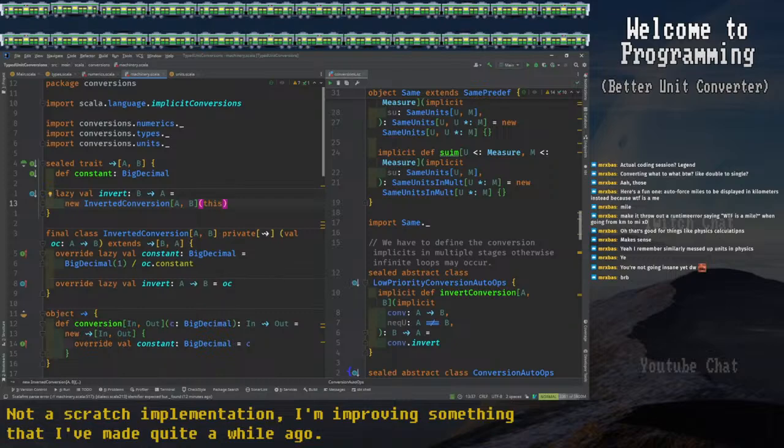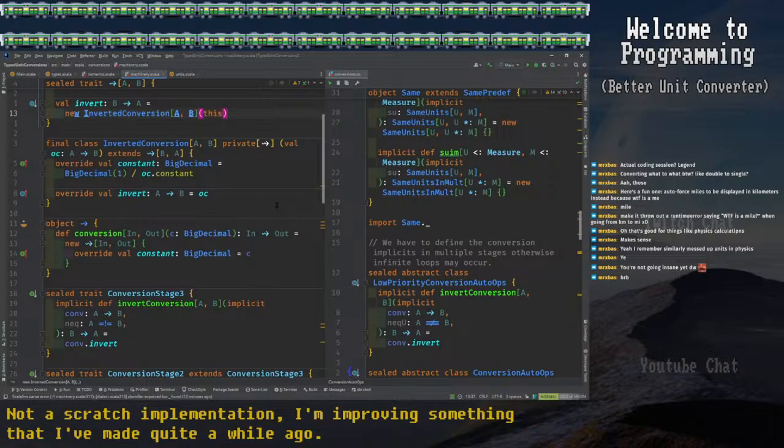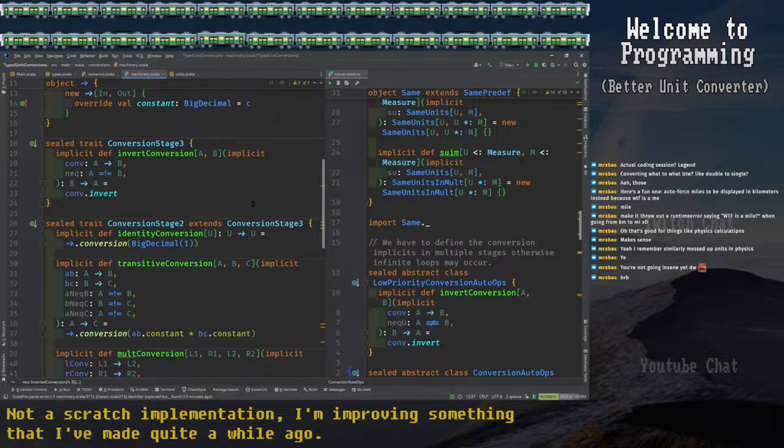That's a little optimization, so repeated inversions don't keep building a massive tree of objects. That should make an optimization such that if I invert a conversion 50,000 times in a row, it's not going to build a massive tree of objects.